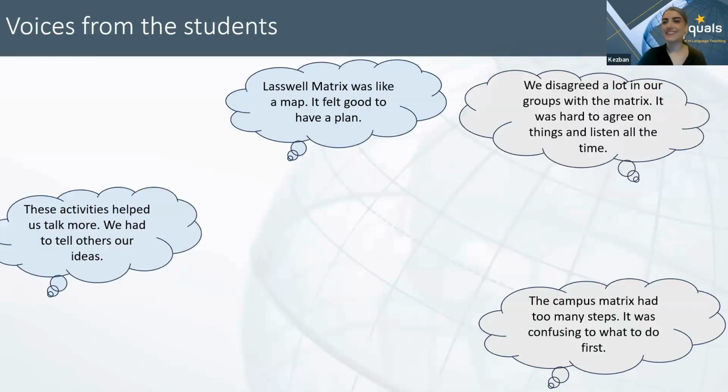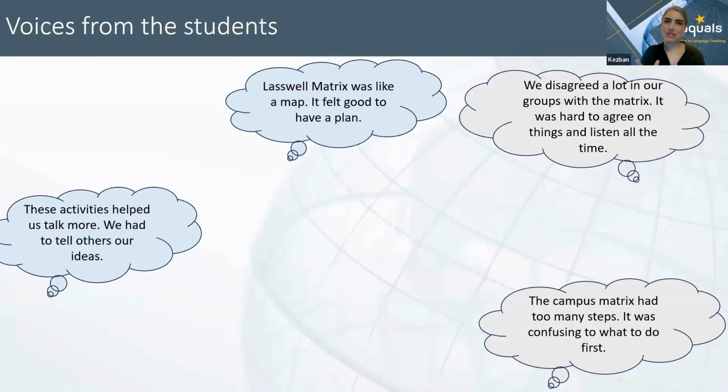Hopefully. This is one of my favorites. They said we disagreed a lot in our groups with the matrix. So they shared this as a point to be improved in terms of using the matrices.